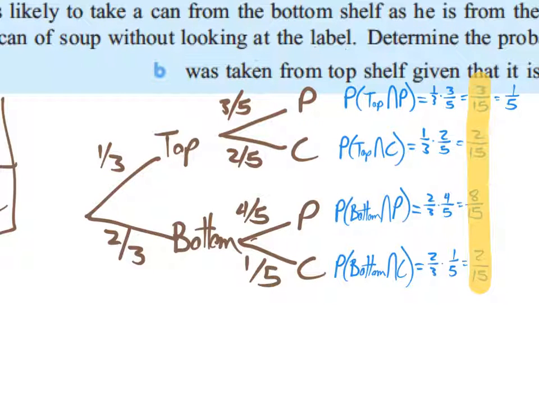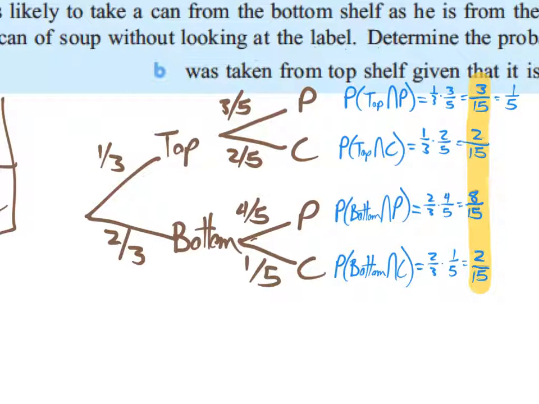Those are all the possible outcomes in our scenario. So 3/15, 2/15, 8/15, and again 2/15. 3 plus 2 is 5, plus 8 is 13, plus 2 is 15/15. So those should all add up to 1.